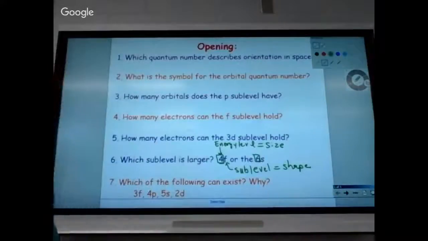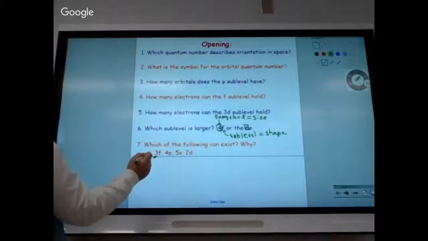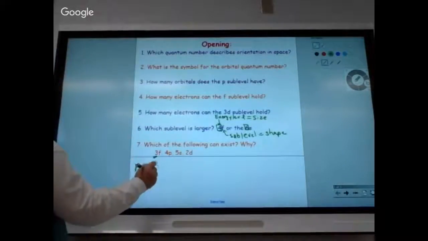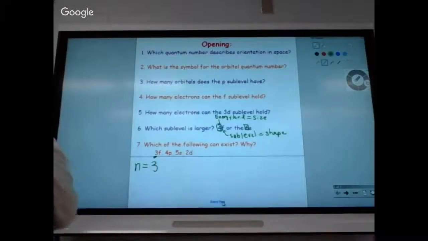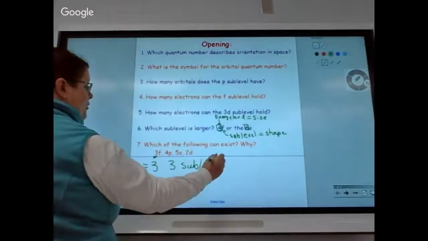All right. Which of the following can exist, and why or why not? Can 3F exist? No. Why not? That's the 4th letter and the other is 3. That is correct. Energy level 3, n equals 3, can have how many sublevels? 3. What are their names? It's only allowed 3 sublevels.